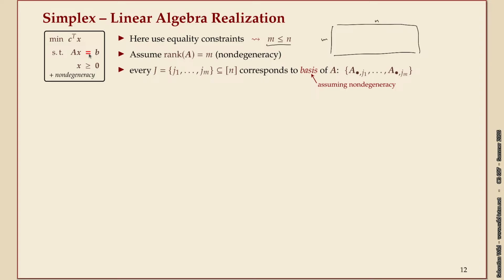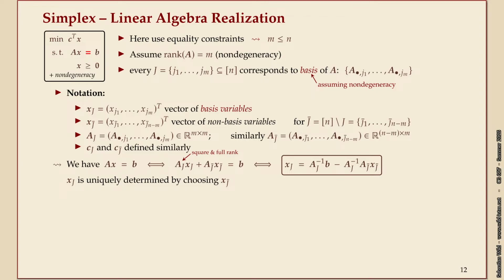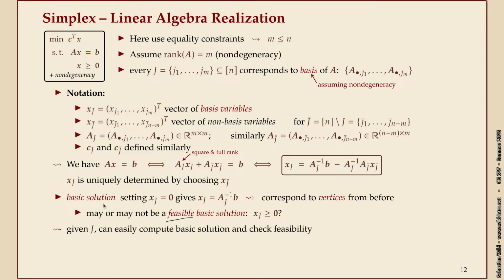And then the basic solutions that we defined here essentially correspond to picking the slack variables of some vertex and setting them to 0. So it's the non-basic variables that you should imagine picking.